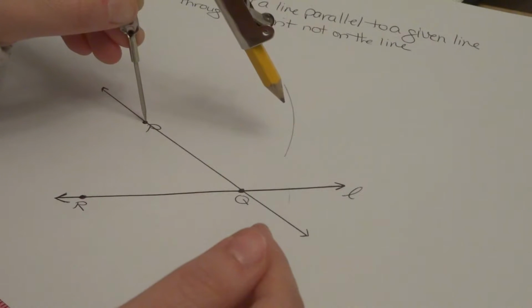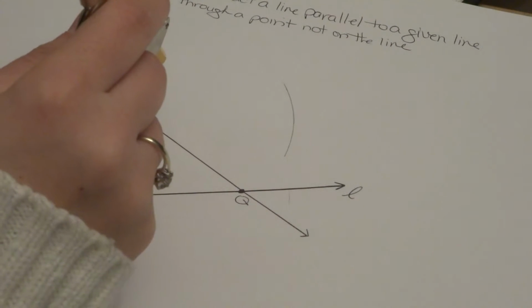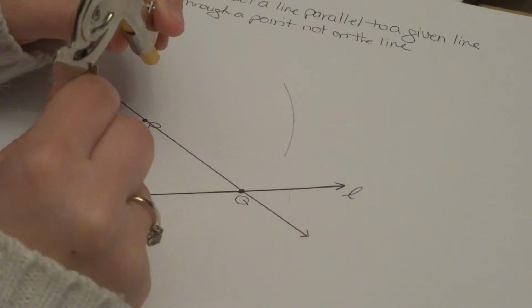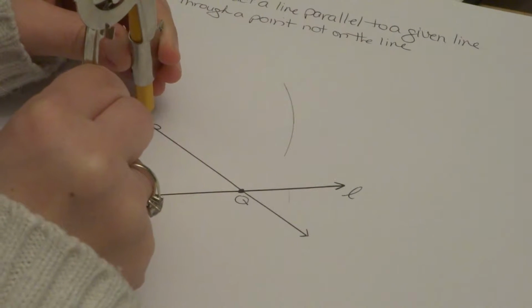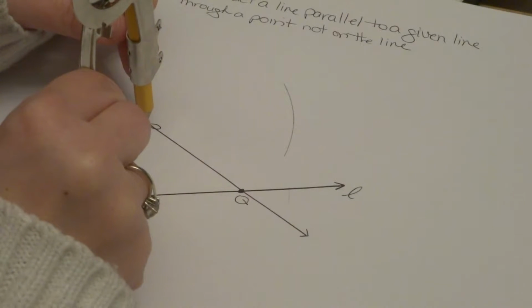Okay, now we're going to measure the distance between P and R. So we're going to make sure that we have this directly on points P and R.